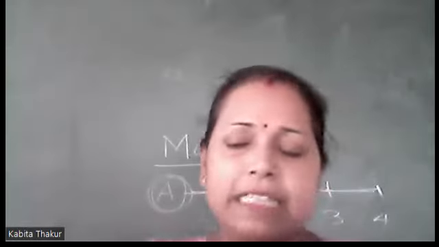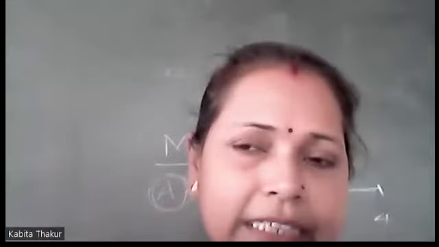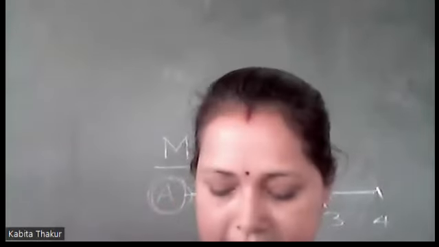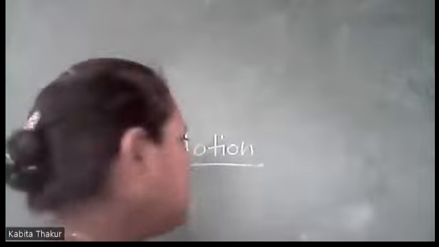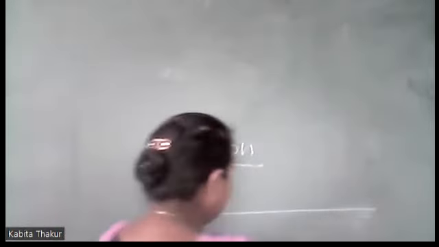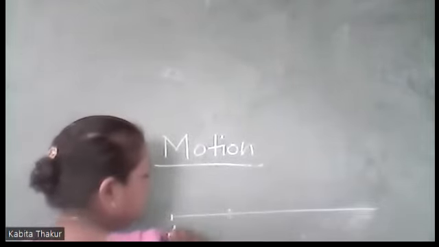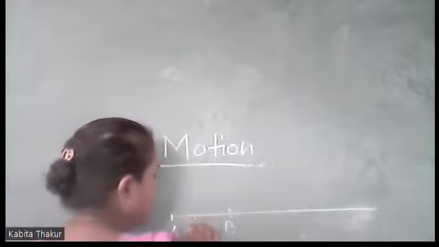When an object covers equal distance in equal intervals of time, that is called uniform motion. Equal distance means if any object is moving on this path from point A to point B, the distance we can consider as 2 kilometers.